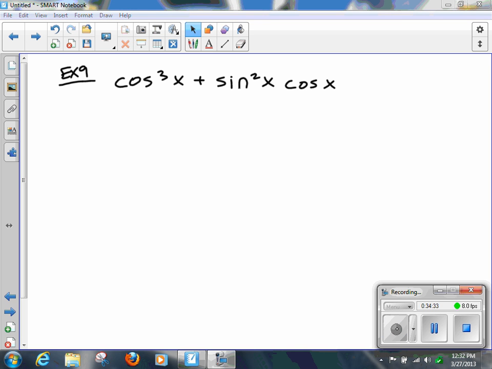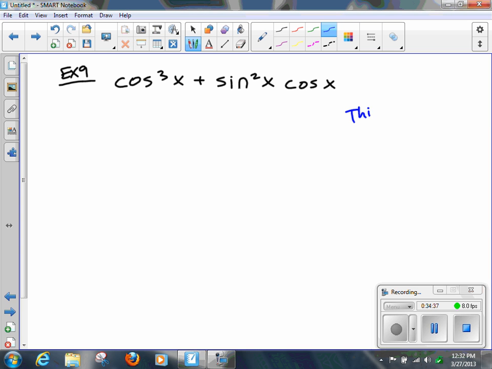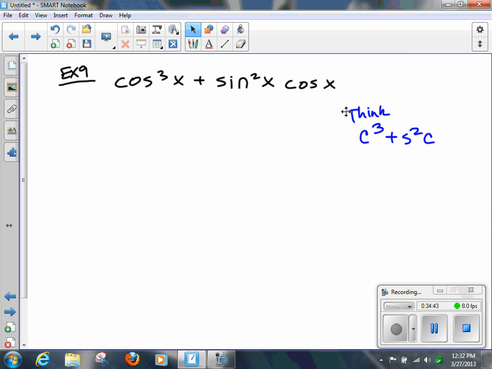Change it around and let's think about it this way. What if I wrote it this way? C cubed plus S squared C. What if I wrote it that way and I said to simplify that? You still don't know what you would do? Oh, you're very warm.